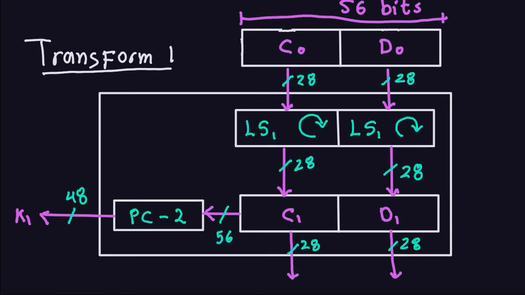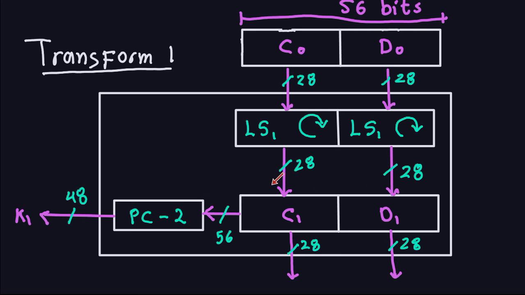Transform 1 is going to take a block of 56 bits, left and right. It does a left shift of 1 bit only for the left hand side, and I get C1, which is the 28-bit block after I shift 1 bit to the left. Similarly, I have the right hand side that I call D0. I do a left shift, and then I get D1.